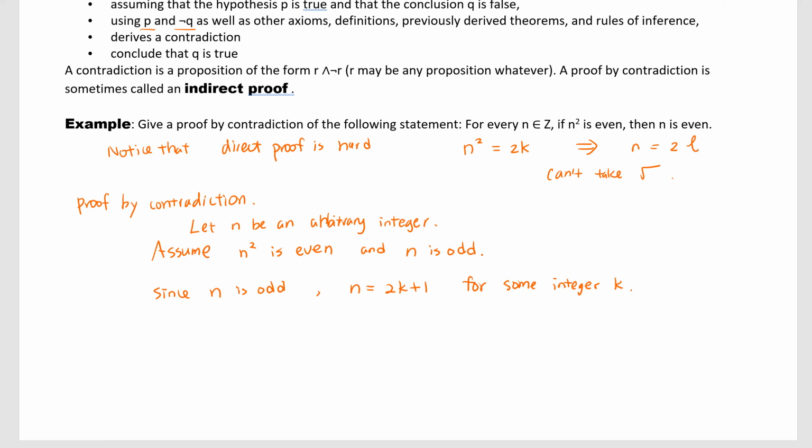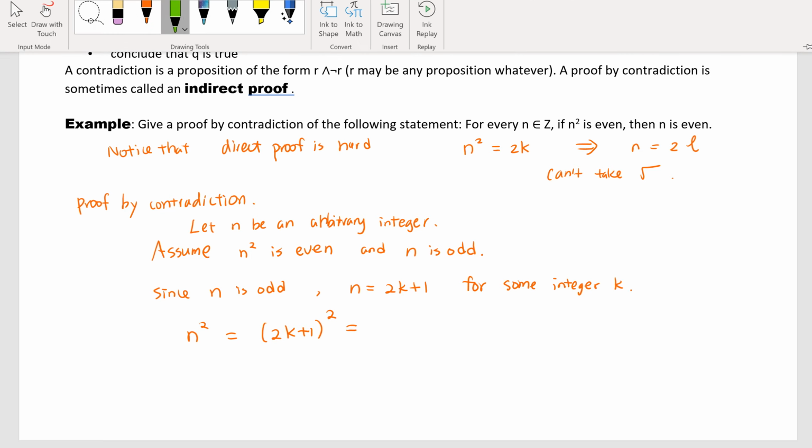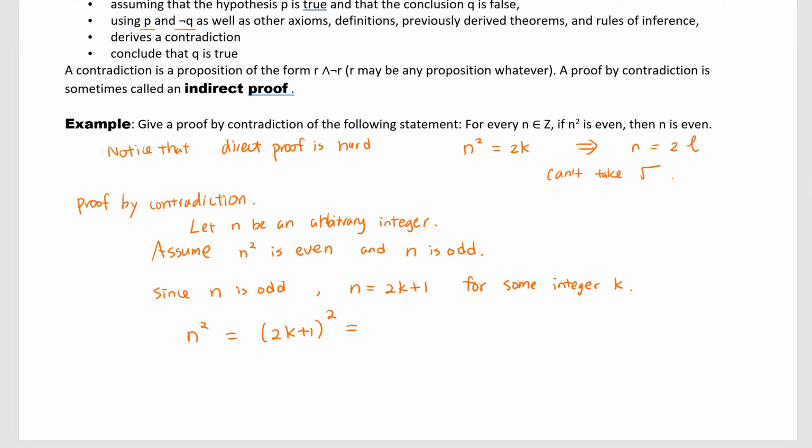Now we have n is odd. Then let's see what n squared is. Well, n squared is (2k plus 1) squared. How do we square it? Let me recall the formula: (a plus b) squared is a squared plus 2ab plus b squared, and (a minus b) squared is a squared minus 2ab plus b squared.